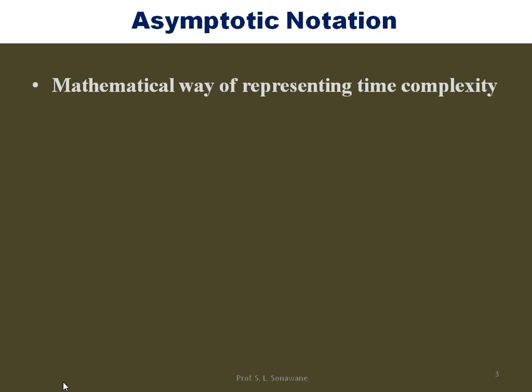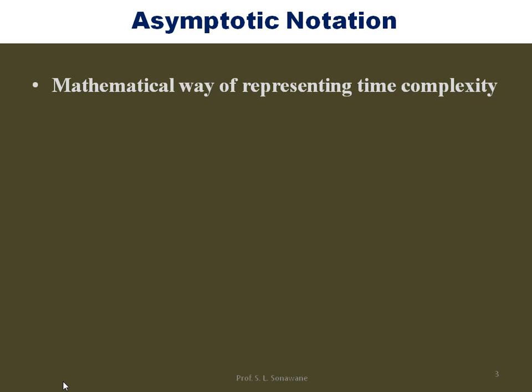It means that once we have any algorithm, without executing that algorithm or program, we have to find out the time complexity of that algorithm. So the question arises: how do we calculate the time required for that algorithm without executing it?